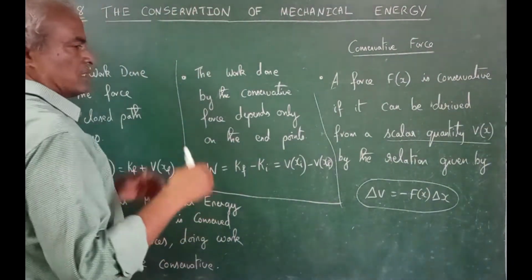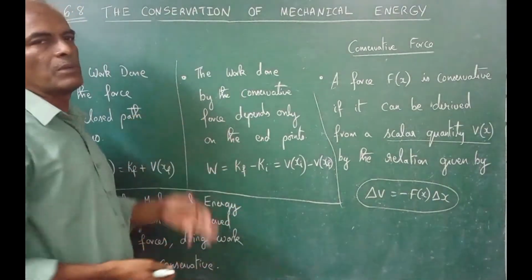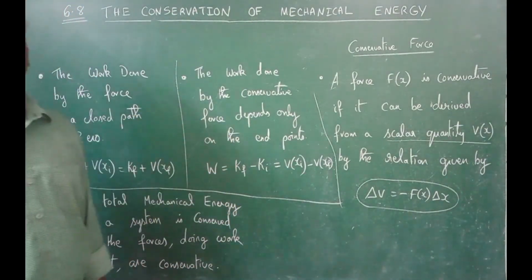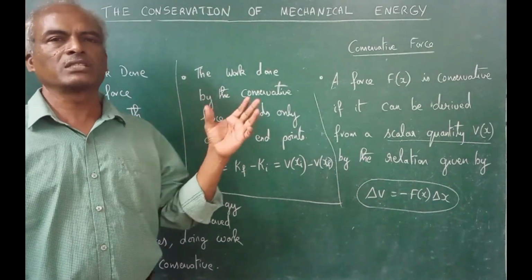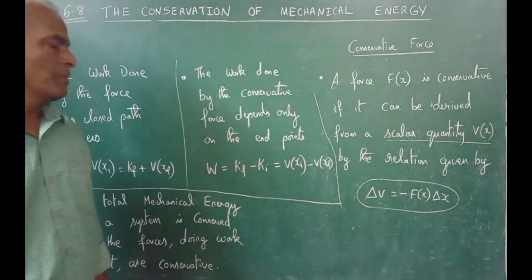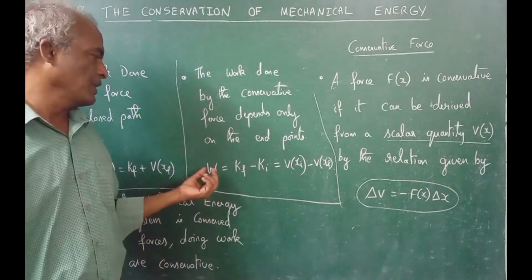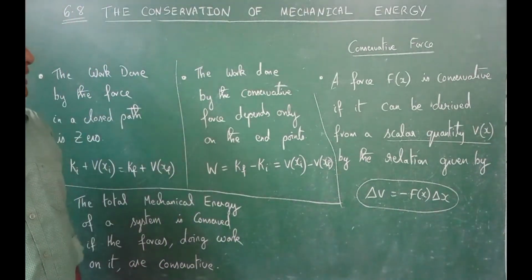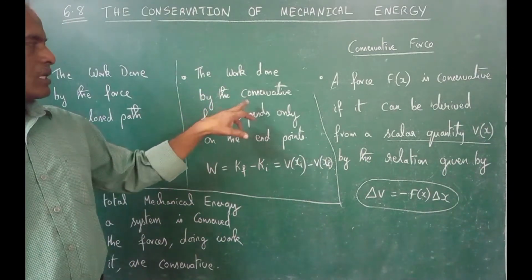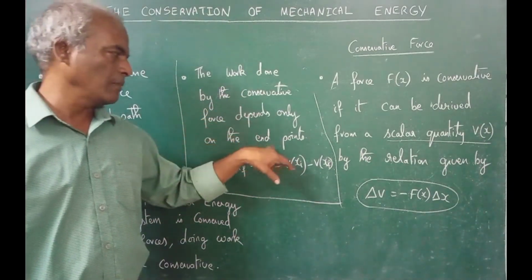In between the starting point and the ending point there may be some variations, but the sum of the potential energy and the kinetic energy is going to be constant. But to find the work done we consider only the initial and end points.